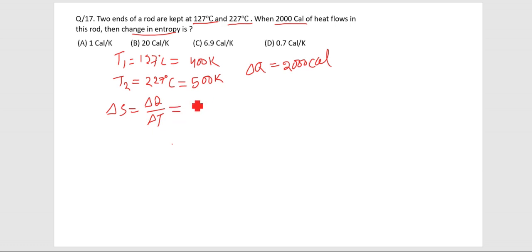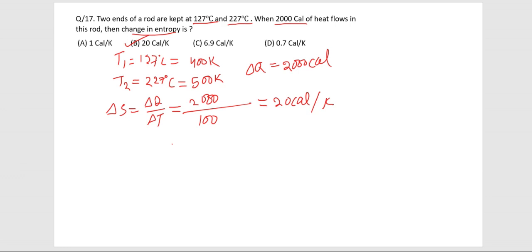So put the values, that is 2000 divided by temperature change, which is 100 Kelvin. If I calculate, I will get 20 calorie per Kelvin. So option number B is our right answer.